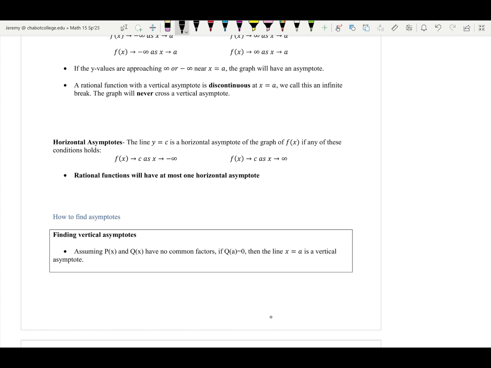So this is like, as x gets really, really big, if we're looking at a graph, and let's say here is c on the y-axis, if as x gets really, really big, the outputs of the function get closer and closer to c, this is what we're talking about when we say horizontal asymptote. So it's like we have this dotted line here that the graph gets closer and closer to, but never quite touches.